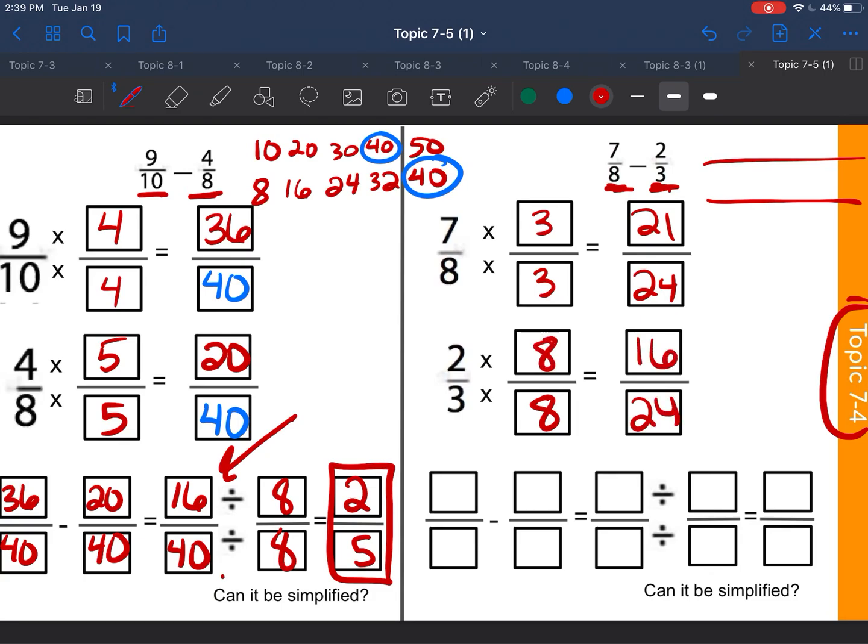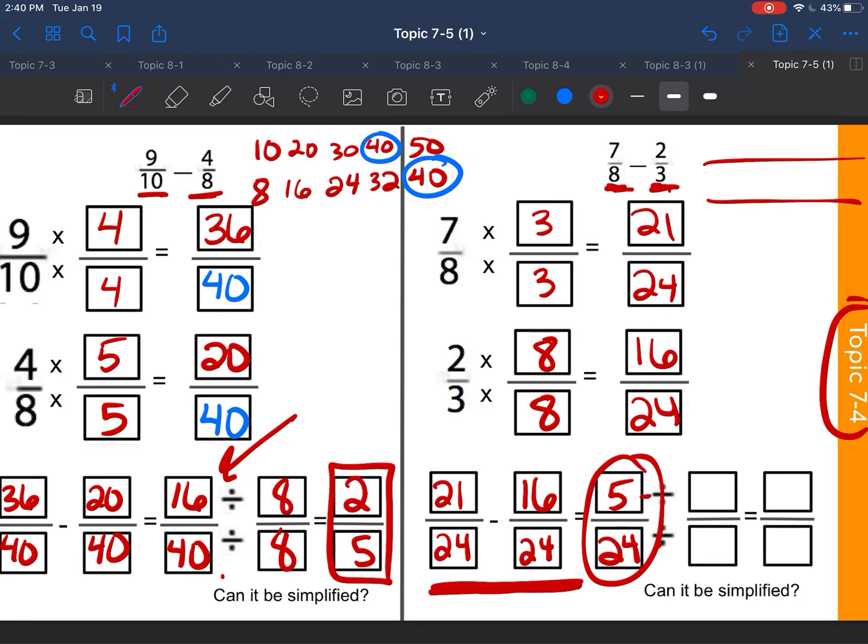Okay, so now we have to subtract 21/24ths minus 16/24ths. 21 minus 16 is 5. We don't subtract the denominators, just like we don't add them in addition. So it should be 5/24ths. In this case, there's nothing that can be divided, both top and bottom, to simplify. So it would stay as 5/24ths.